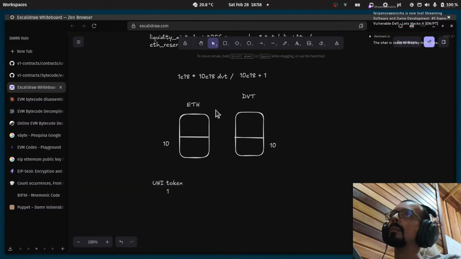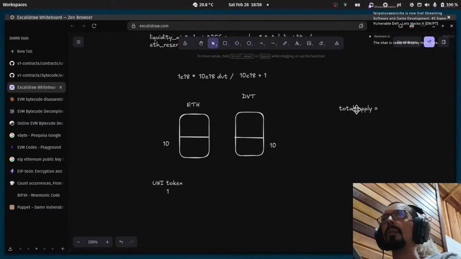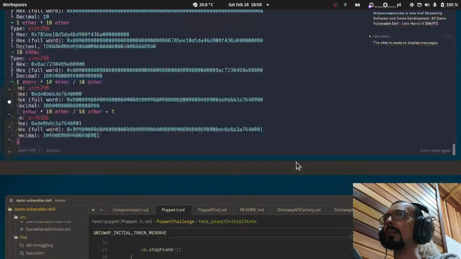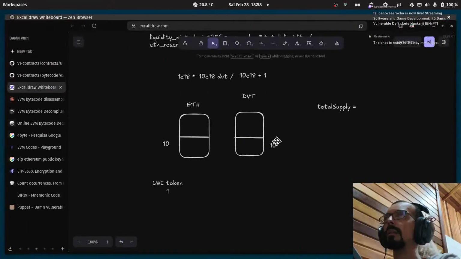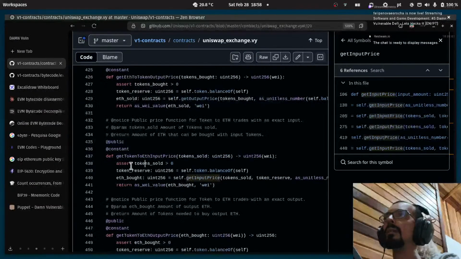And now we have a total supply of, I don't remember how they define the total supply. It's the supply, it's the, I think I need to put that in the IDE, right?